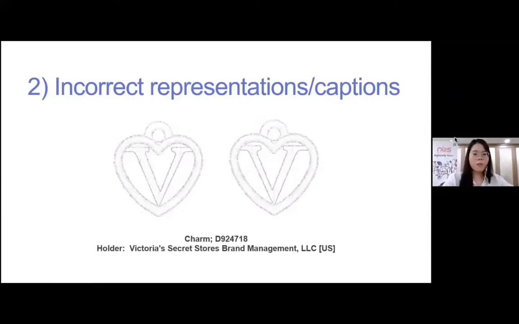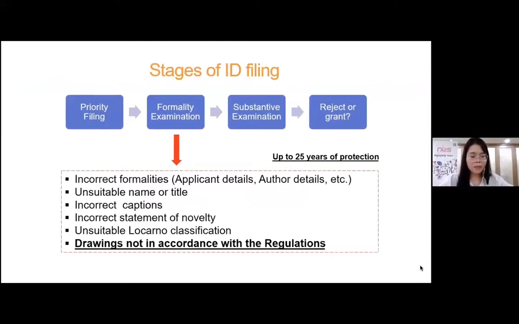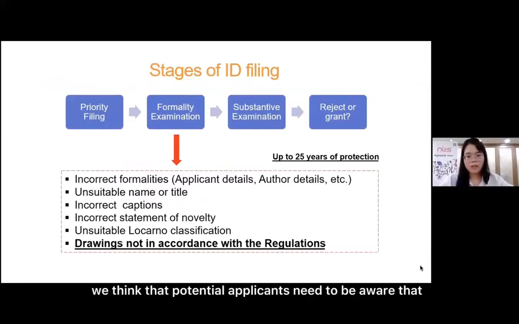So bearing the issues that we have encountered in mind, we think potential applicants need to be aware that failing to meet the standards of the regulations of a particular jurisdiction or country will result in objections by the examiner.